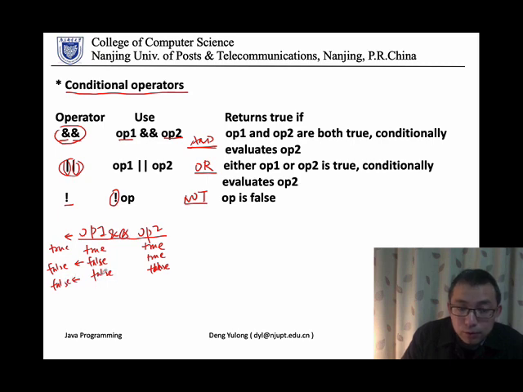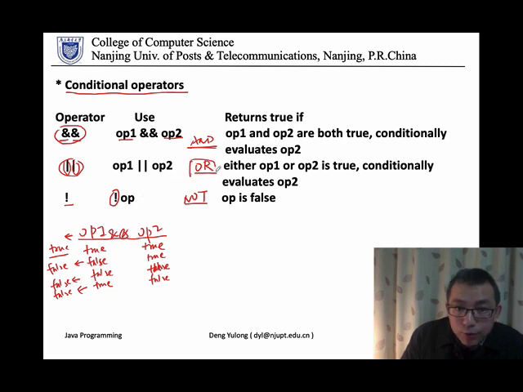And if the first operand is true and the second operand is false, the result is false. So only when both of them are true is the result true. Okay, that is what the AND operation means.